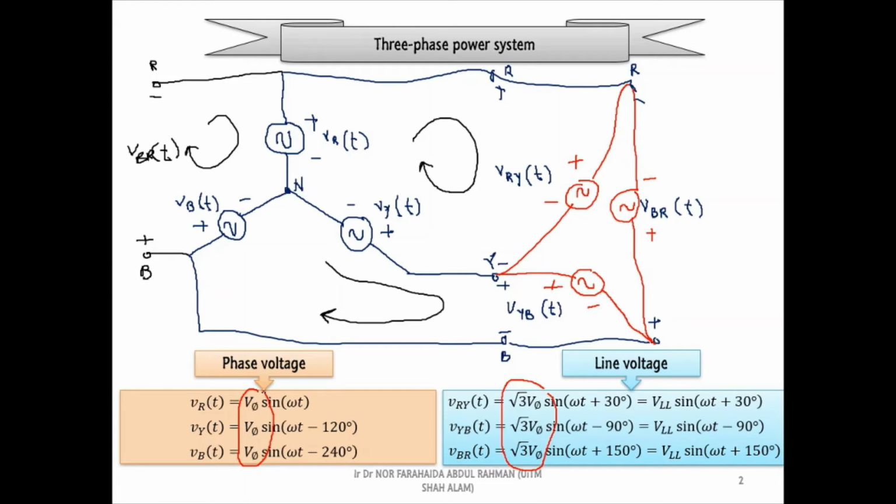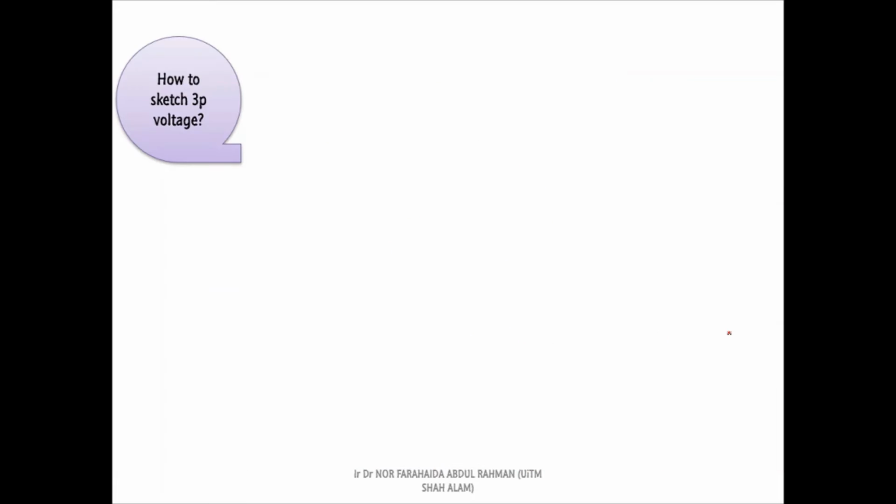Other than that, based on the phase angle values, we can say that the line voltages are leading the phase voltages by 30 degrees. In the three-phase system, it is crucial to know how to sketch the voltage waveforms correctly.